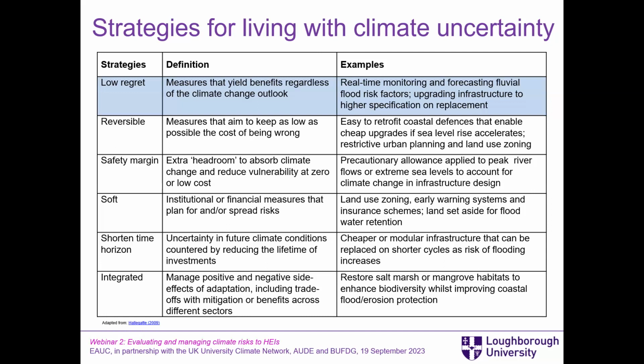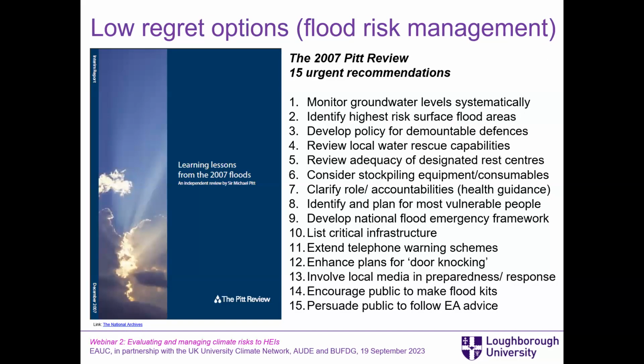And one of my favorite examples of a low regret shopping list was actually produced by the 2007 Pitt Review. You may recall that there was widespread terrible flooding across the nation, and the Pitt Review made a stock take and gathered together a set of urgent recommendations.